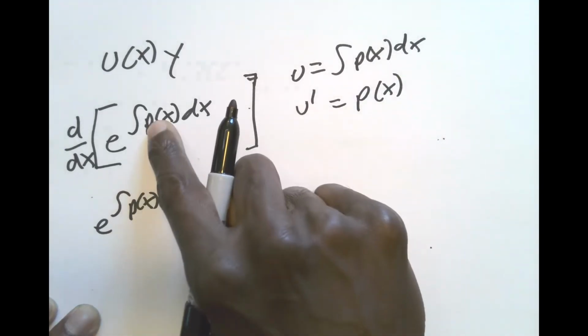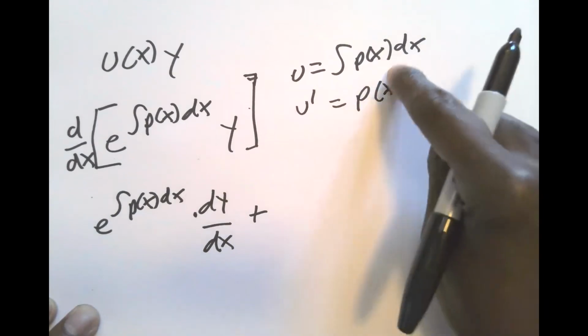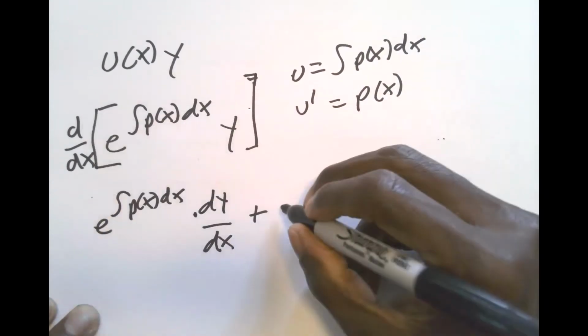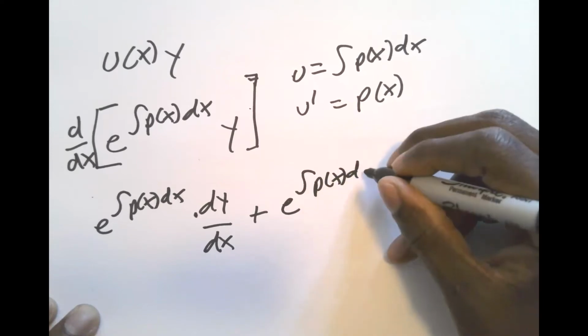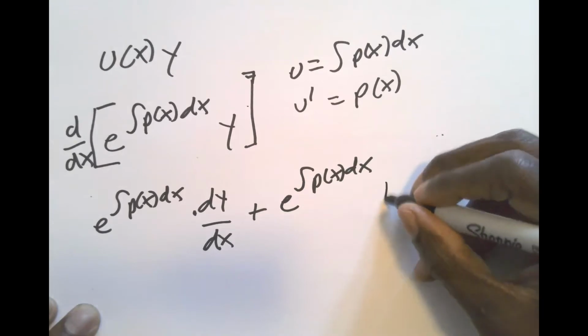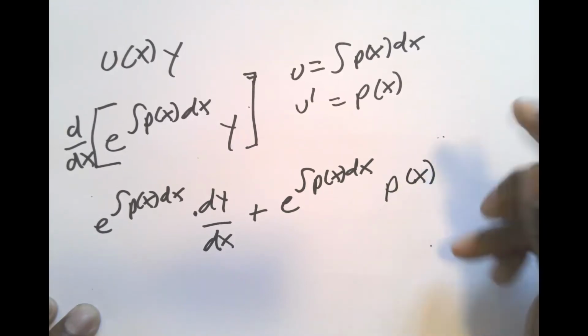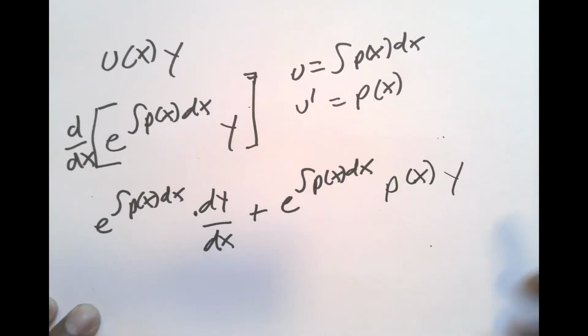And this would give me e to the u, and its derivative would be e to the u. So then this derivative is e to the power of the integral of p(x) dx times p of x, excuse me, and then we're leaving this guy alone.